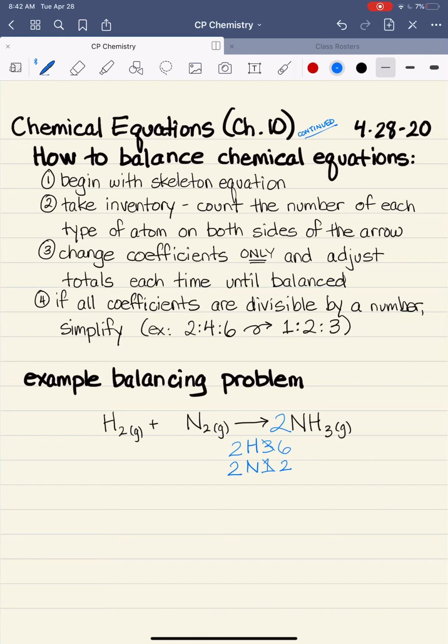However, now I've got 6 hydrogens on my right side, so I can change my coefficient on my left side and end up getting 6 hydrogens. If I put a 3 here, 3 times 2 is 6. You can see 6 and 6, these are in balance. 2 and 2, these are in balance. Everybody's in balance, and my coefficients become 3, 1, and 2 for this equation.